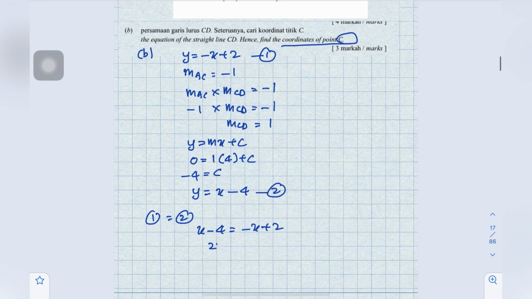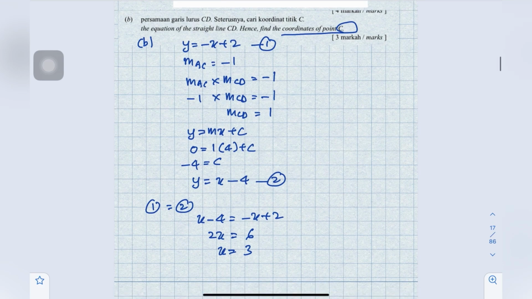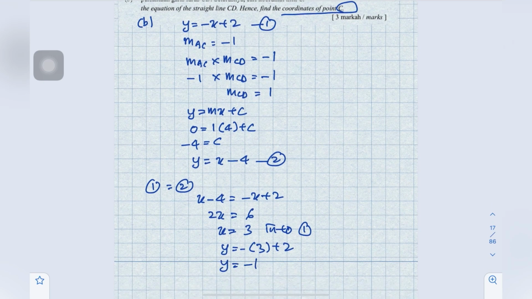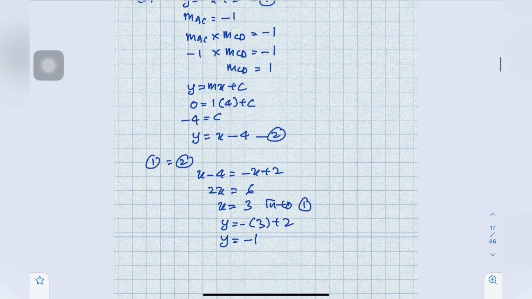So then 2x equals 6, then x equals 3. So substitute x equals 3, let's say into 1. Okay, we can find y equals negative 3 plus 2. So y equals negative 1. So therefore, coordinate C is (3, negative 1).